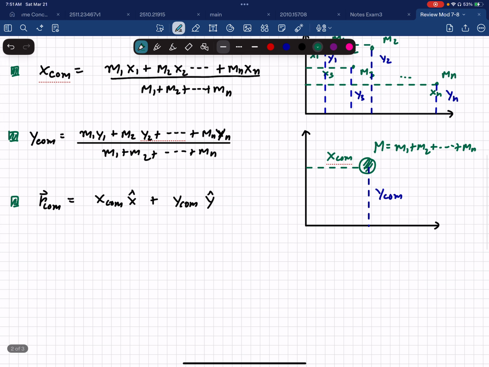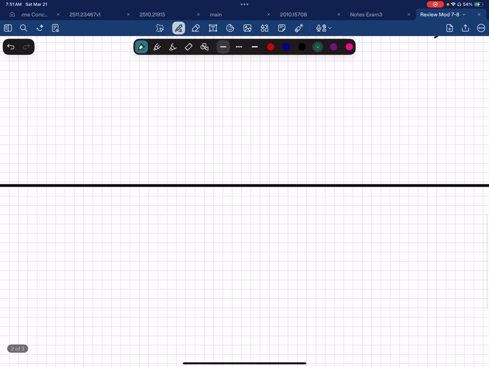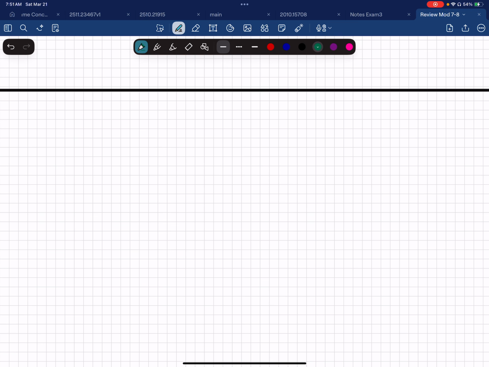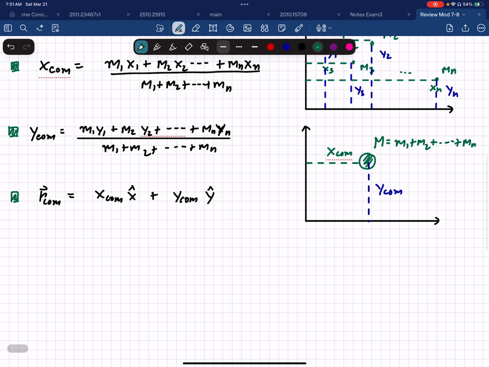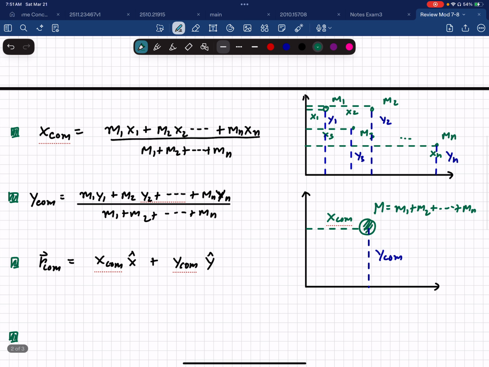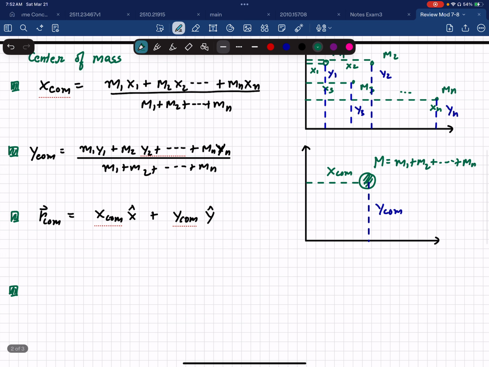Now, furthermore, from this concept, we went on and understood that if we know the center of mass, then obviously we also know the center of mass velocity. The center of mass velocity is very simple: it is the velocity in each direction. So let me go step by step. Position, center of mass, and velocity.